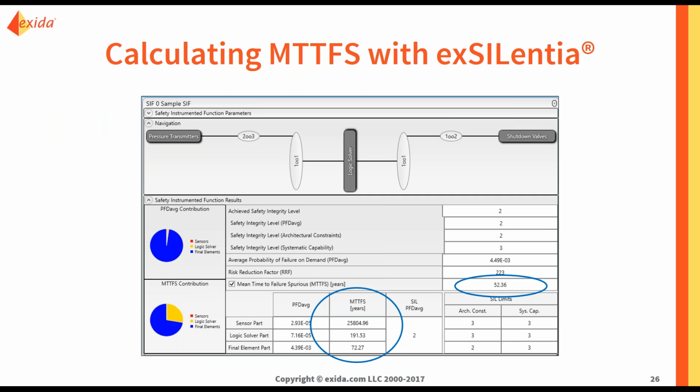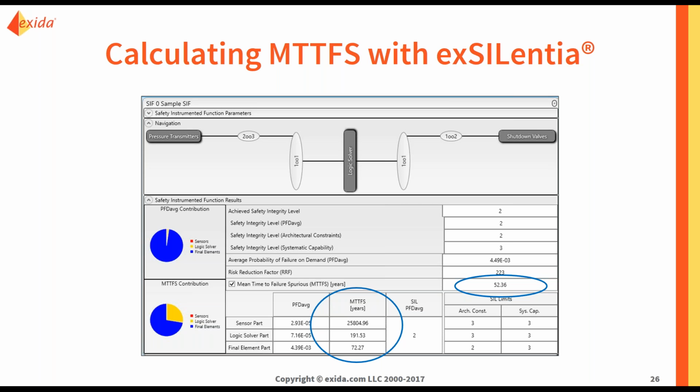So here you can see how a SIF is modeled in exSILentia. I have my 3 pressure transmitters in a 2 out of 3 configuration, which send a signal to my 1 logic solver. That logic solver is then going to control my shutdown valves, which are in a 1 out of 2 configuration. And below that, you can see all of the results.